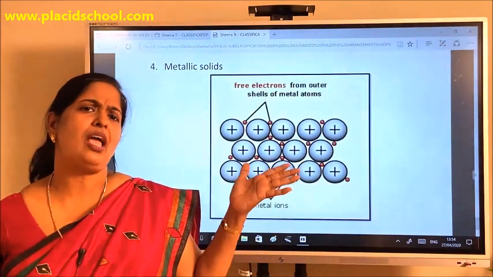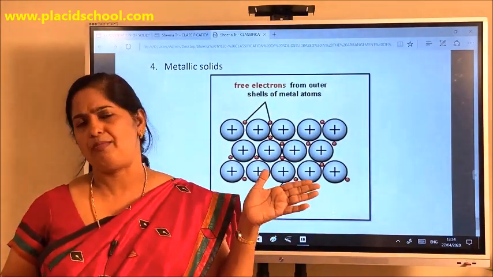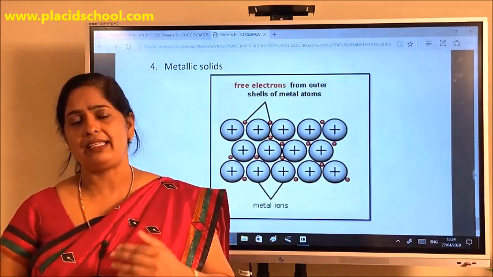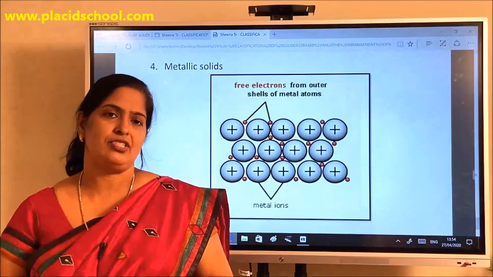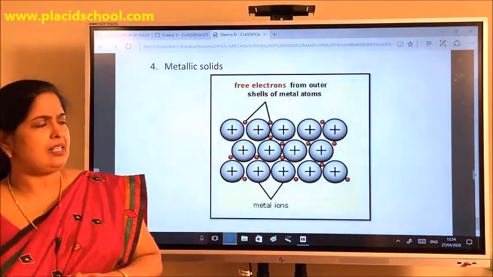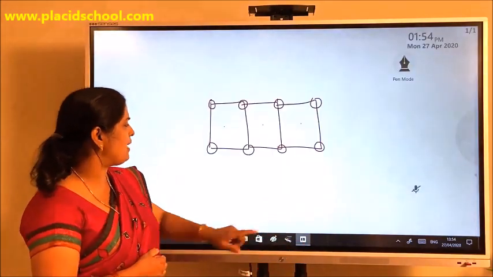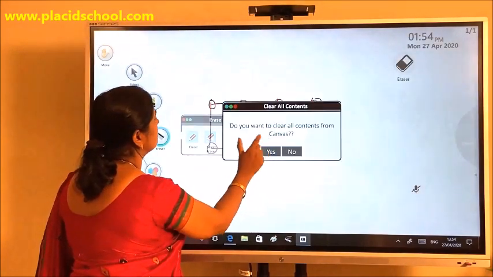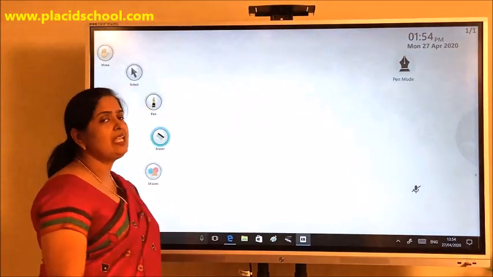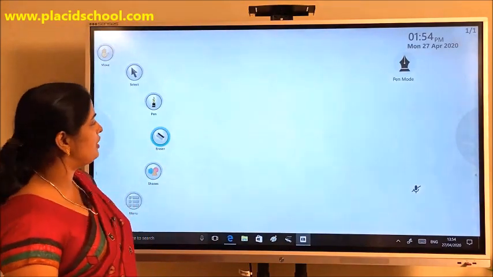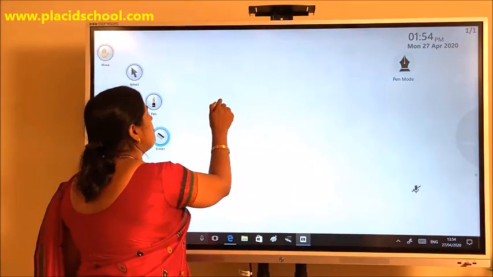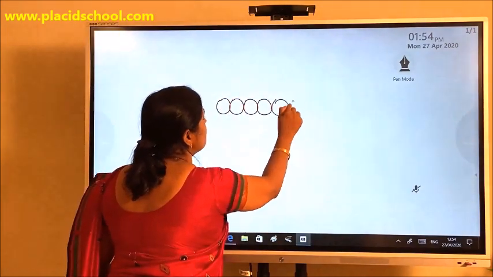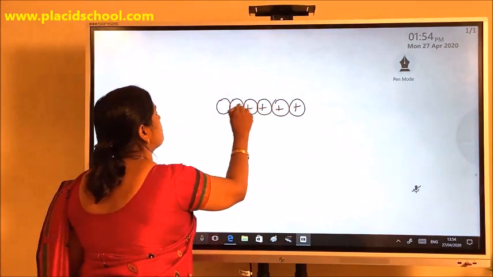Now we move on to the last type of crystalline solid, that is metallic solids. Metals. We know how the particles are arranged in a metal, and we will study very well about the bonding seen in metallic solids in the latter half of this chapter. In metals, the metallic bonding theory says metals are made up of metal atoms, or otherwise we can say positively charged cations.